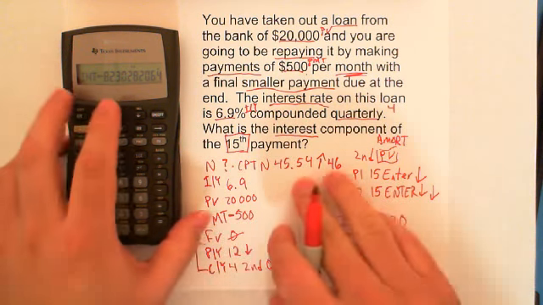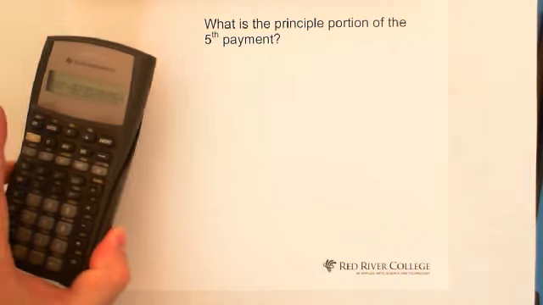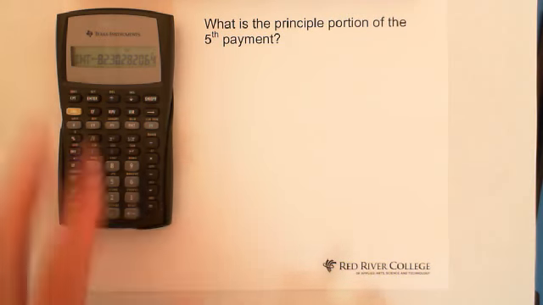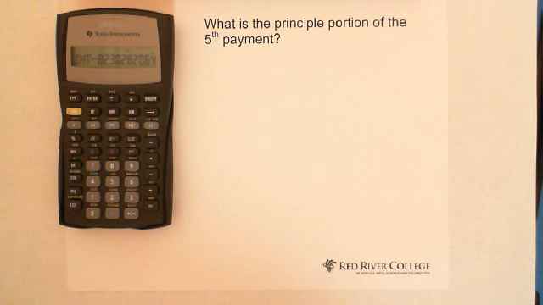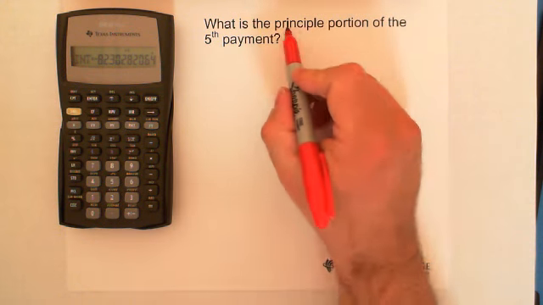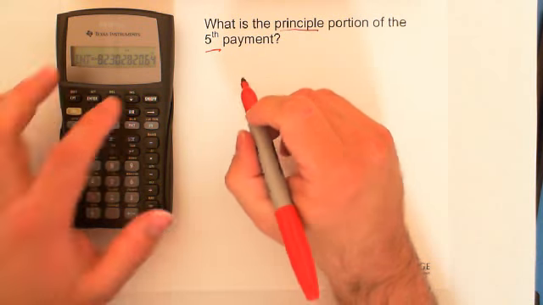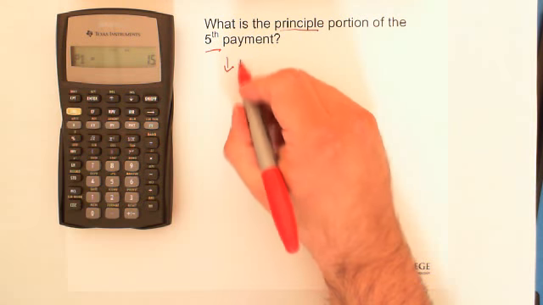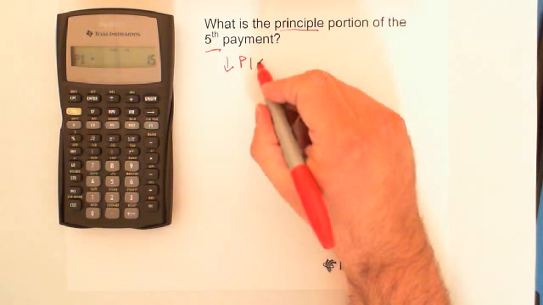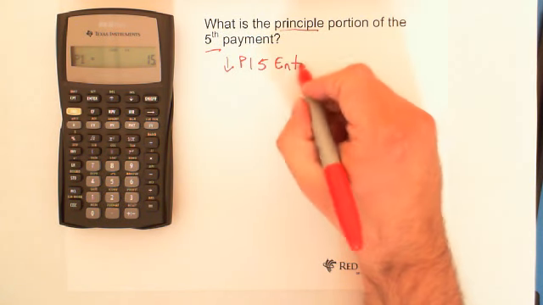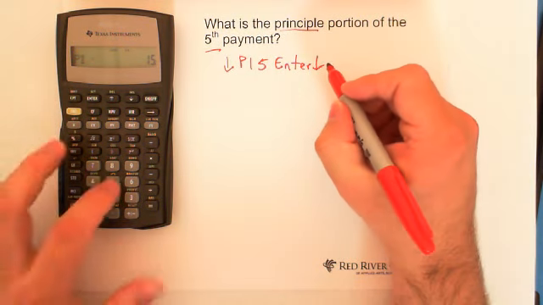Okay. Let's continue and try something else. The next question says, what is the principal portion of the fifth payment? So now we want the principal of the fifth payment. If you push the down arrow one more time, that brings you back to P1. So now we're going to type in 5 here, enter, down.